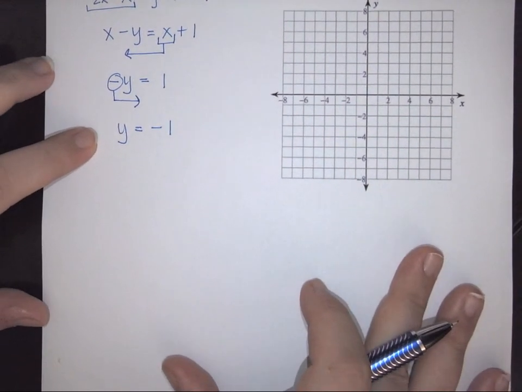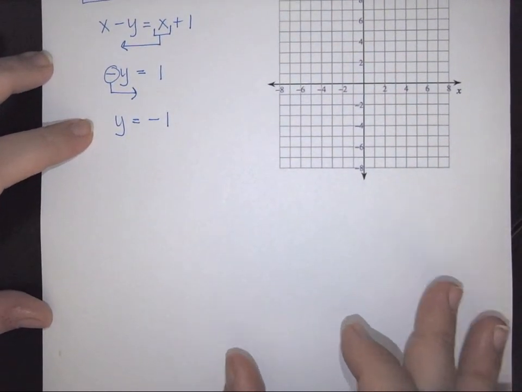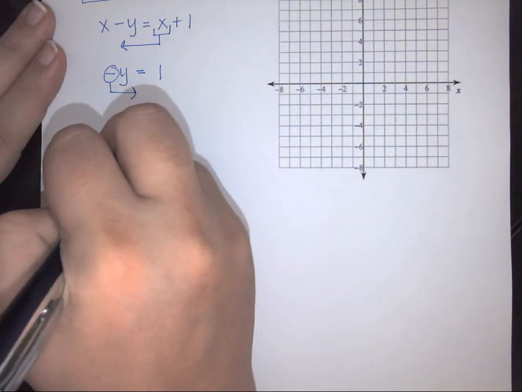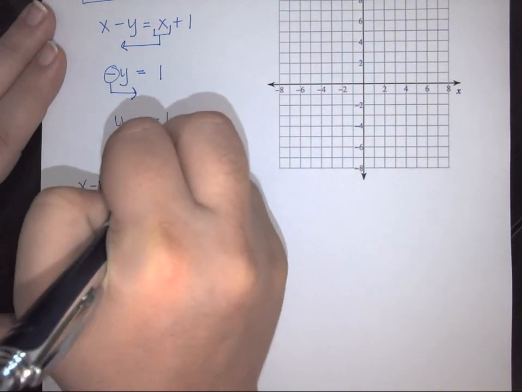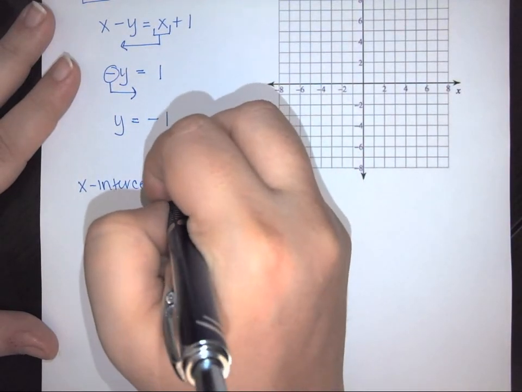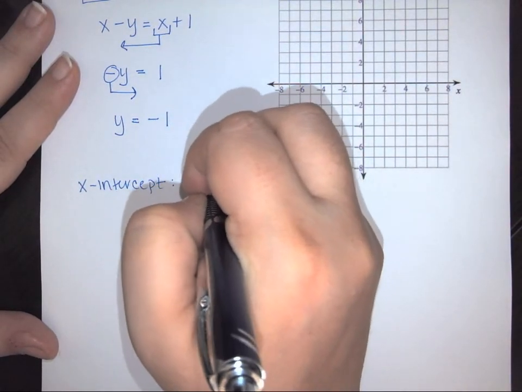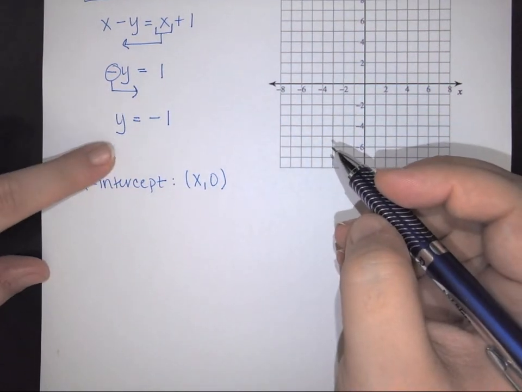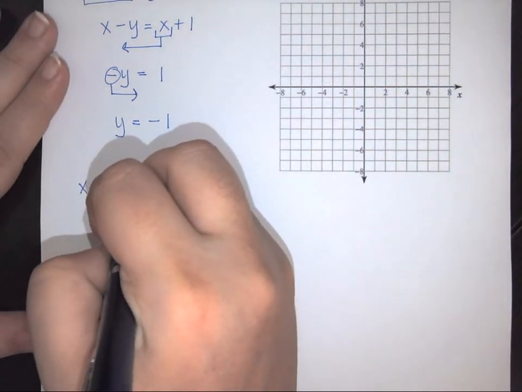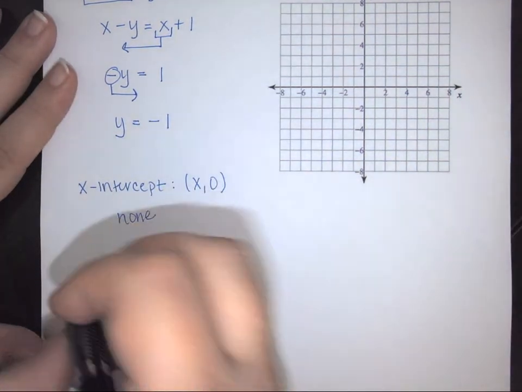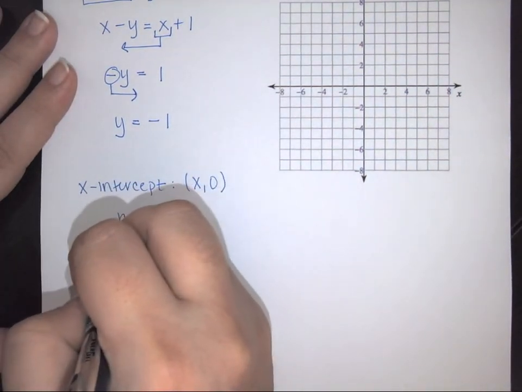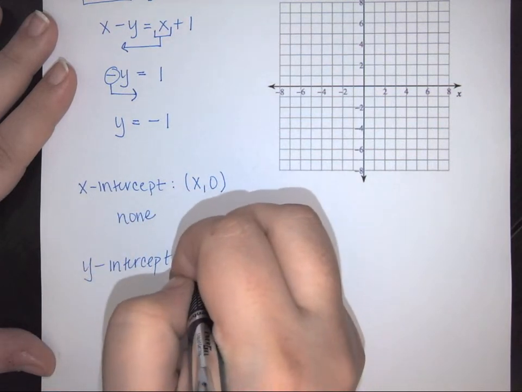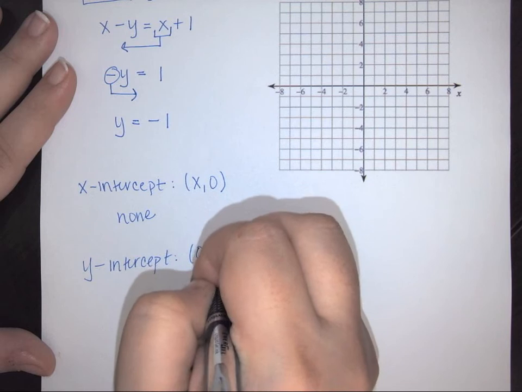Now notice I still need to find my x and y-intercepts. So when I'm looking at my x-intercept, I am looking at the form x comma 0. In this case, I don't have any x values here, so my x-intercept is none. My y-intercept is the point 0 comma y.